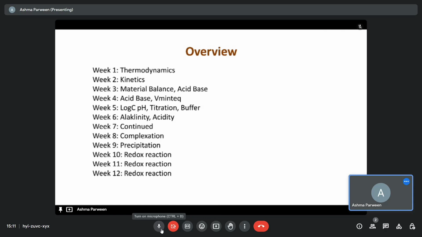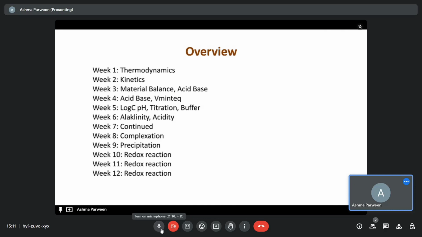Then week 7 was also about acidity and alkalinity, and it was also about mixing of two solutions. What are the conservative quantities? What are non-conservative quantities? And week 8 was about aqueous complexes and also precipitation and dissolution. Week 9 was also a follow-up of that.